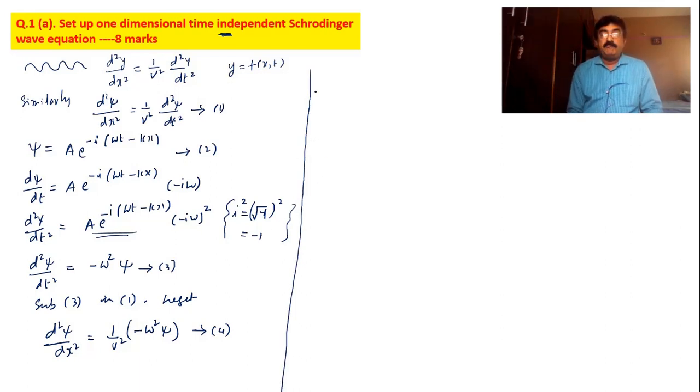Put V is equal to omega divided by K, where V is velocity, K is the wave number, and omega is the angular frequency. Then d square psi by dx square is equal to minus omega square psi divided by V square. In the place of V square, I write omega by K whole square.